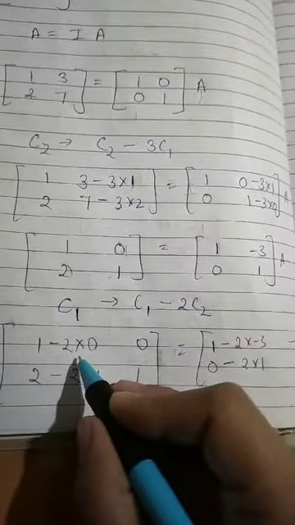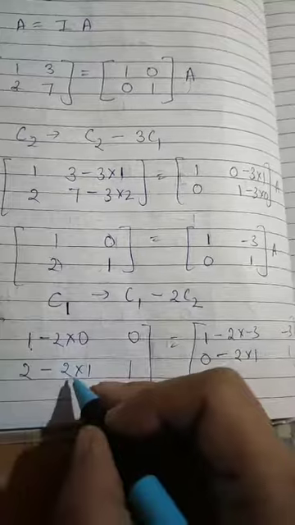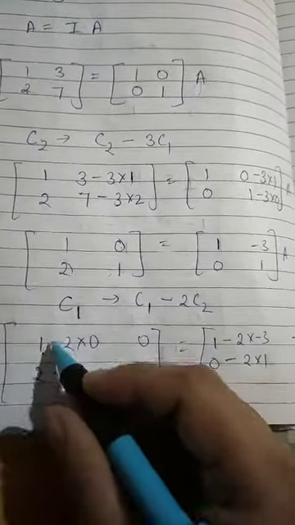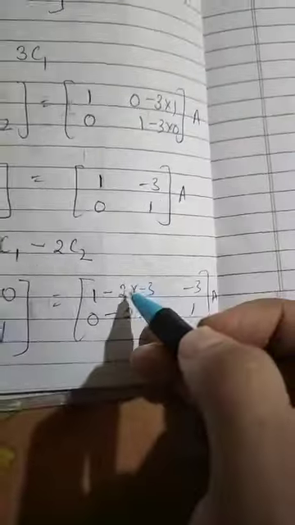After solving this, 2 0 multiplication becomes 0, so we get 1 here. Here 2 minus 2 is 0, so 1 0 0 1 we will get. Easily we got the identity matrix. After solving this, 2 3 is 6, minus 6 plus 1 would be minus 5.